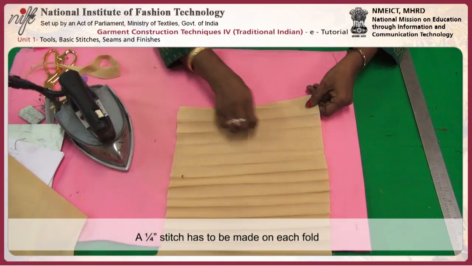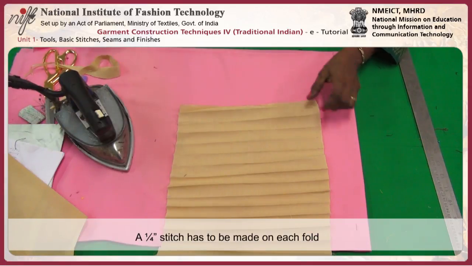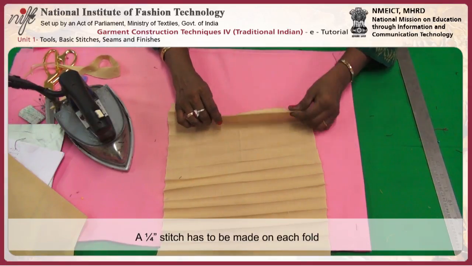We finish ironing. You have to do quadrant stitch on each fold.